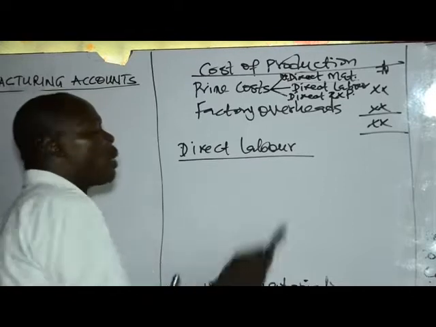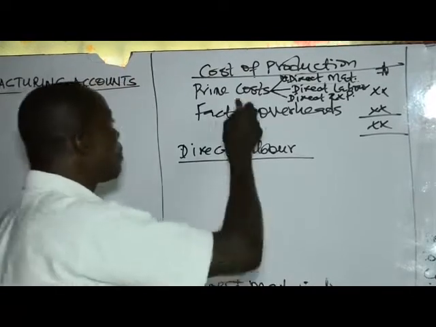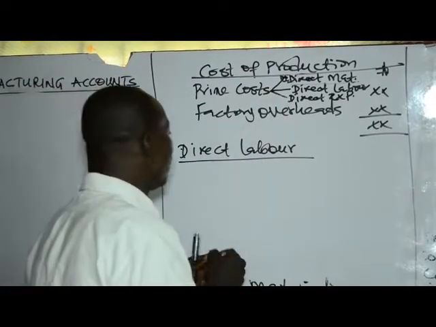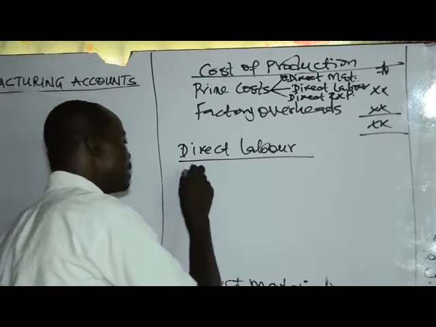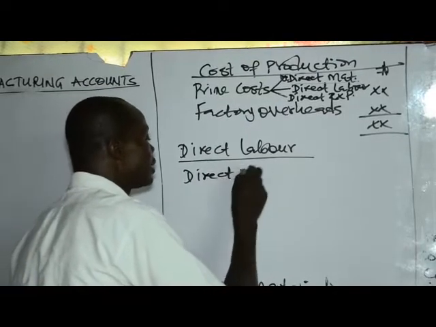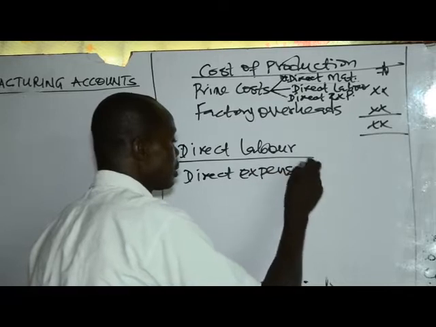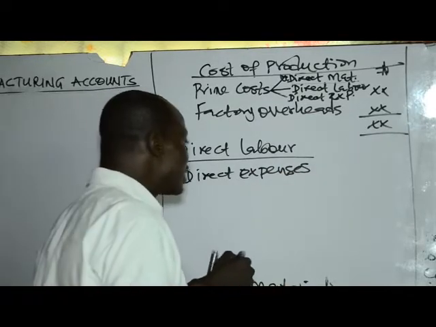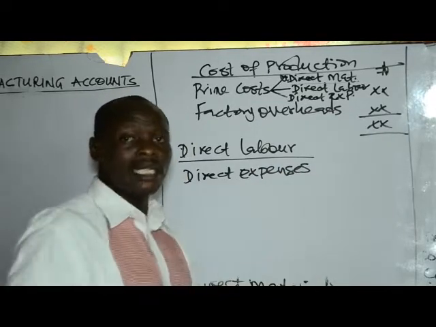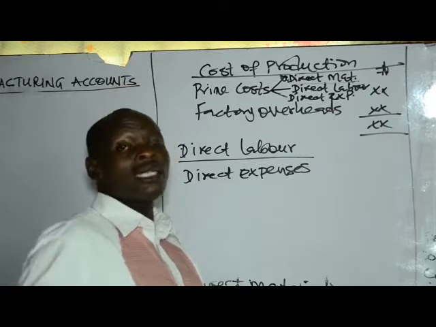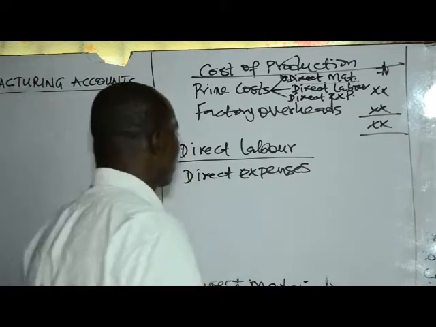After the direct labor, the next component of prime cost is direct expenses. Direct expenses are the expenses that can be traced directly to production.